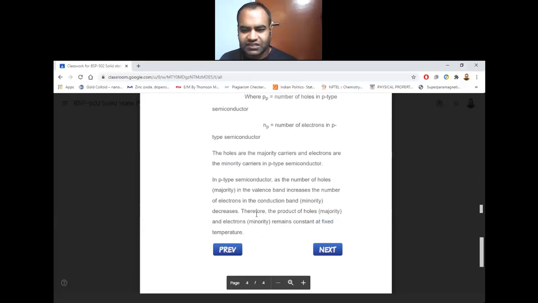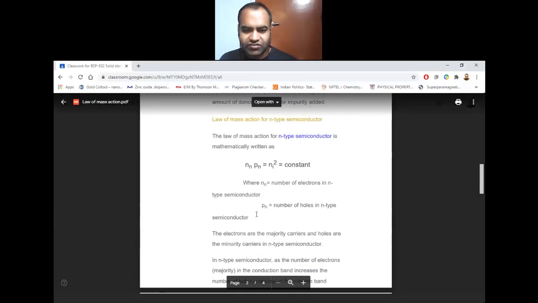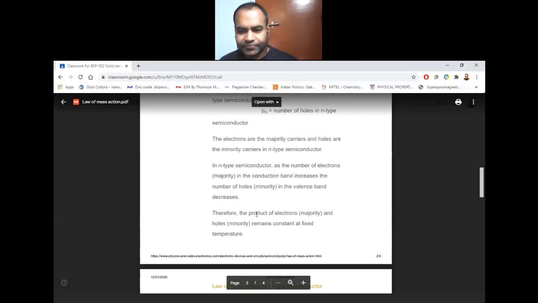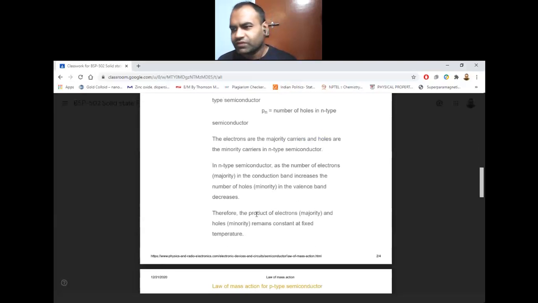Because if you keep on varying the temperature, then the carrier concentration will keep on changing. As you supply more temperature, more electrons will be there in the conduction band. Therefore you should always keep the temperature fixed.